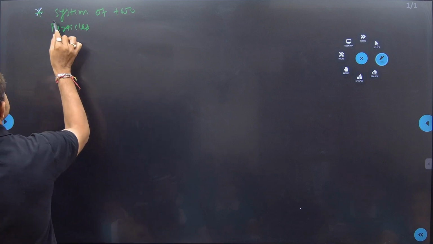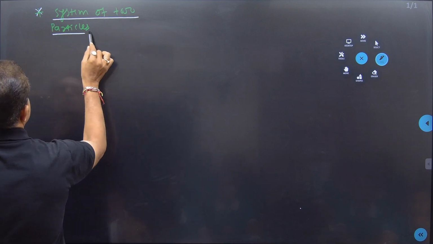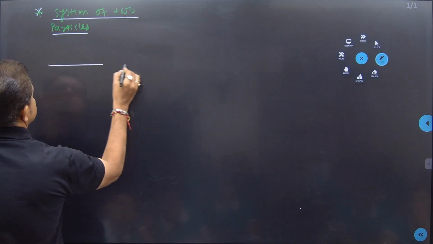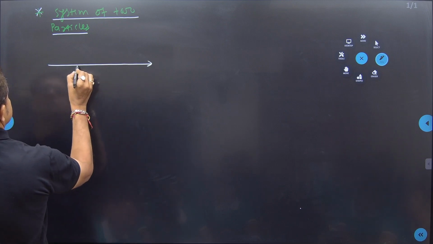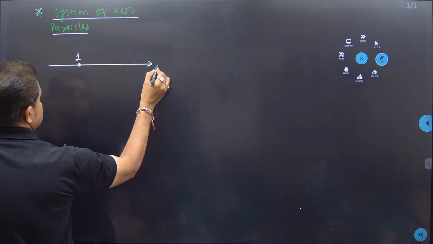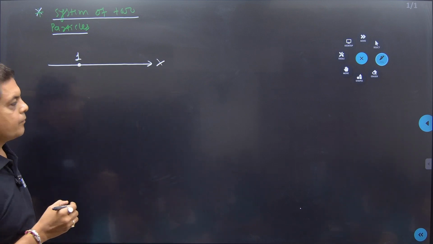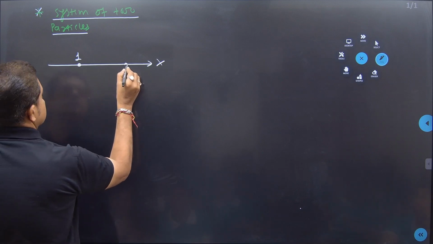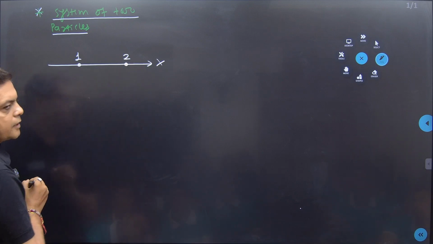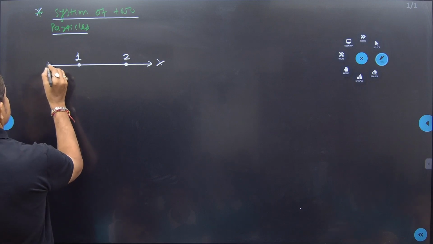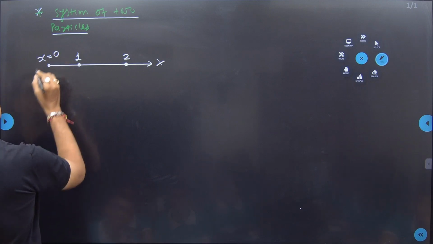Now, particle 1, suppose both particles are on the x-axis. This is the position of particle 1 and this is the position of particle 2. This is the origin, x is equal to 0.